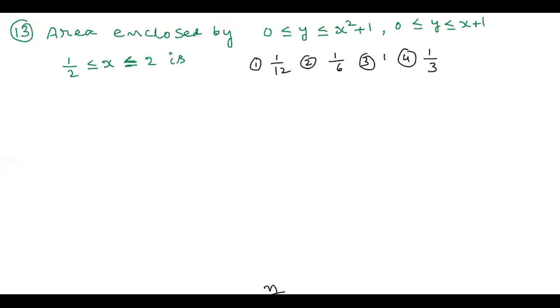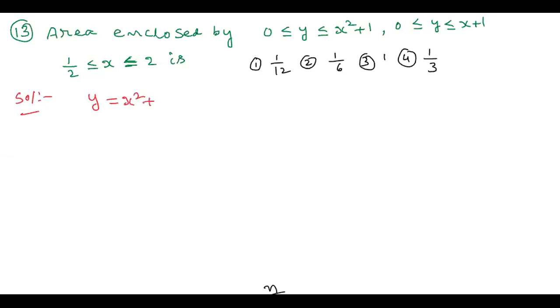Areas related problem. Area enclosed by 0 less than or equal to y less than or equal to x square plus 1, and 0 less than or equal to y less than or equal to x plus 1. There are two types of curves given. Now the first one is y is equal to x square plus 1.